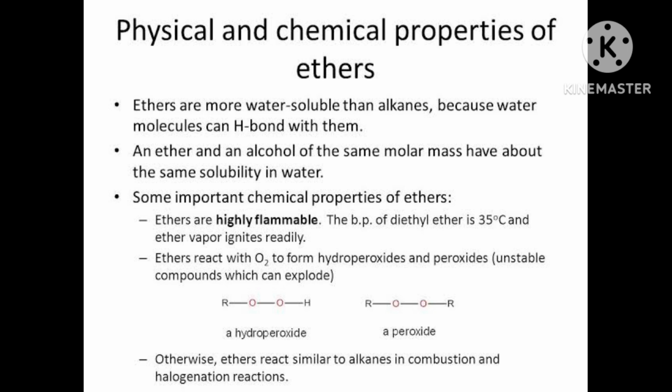Then H will break the bond with I and come to O. Now I became free as I minus, and H came near the O as H plus. One pair of electrons will be donated to H.